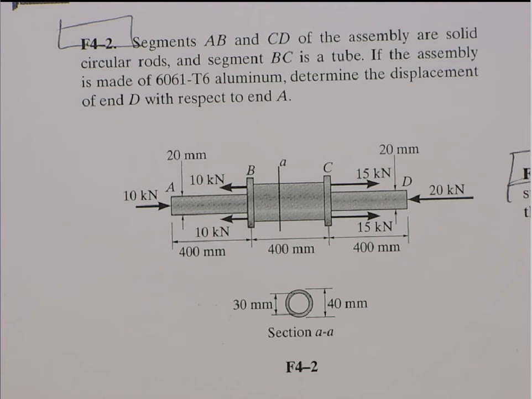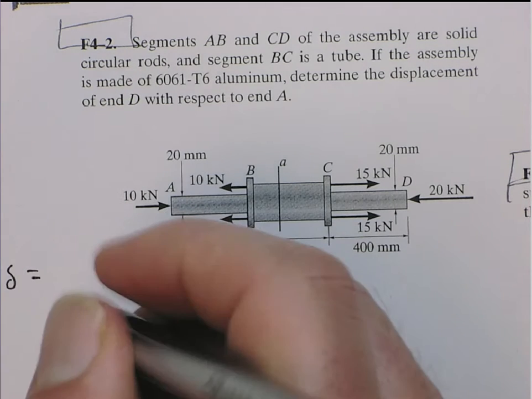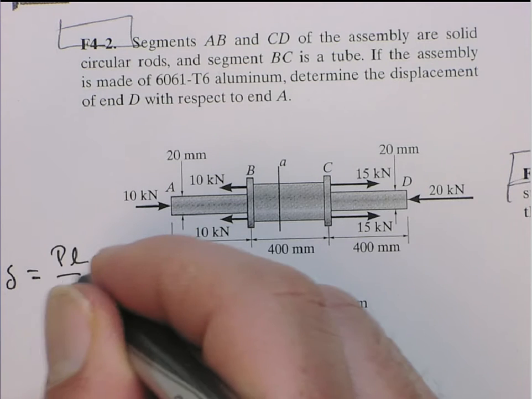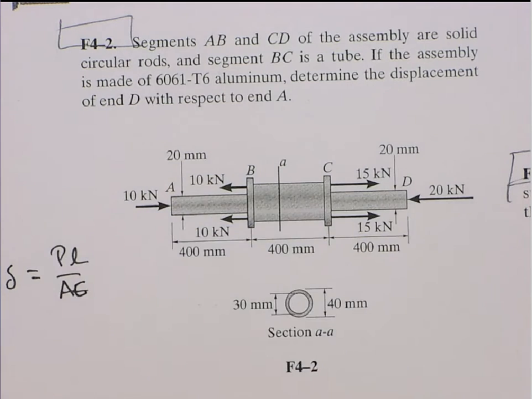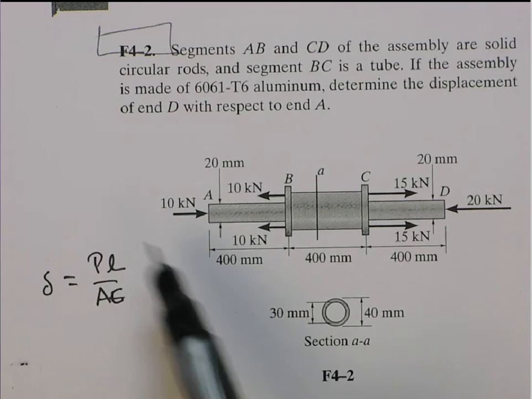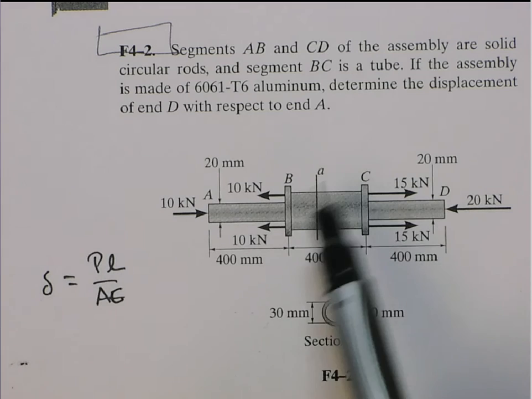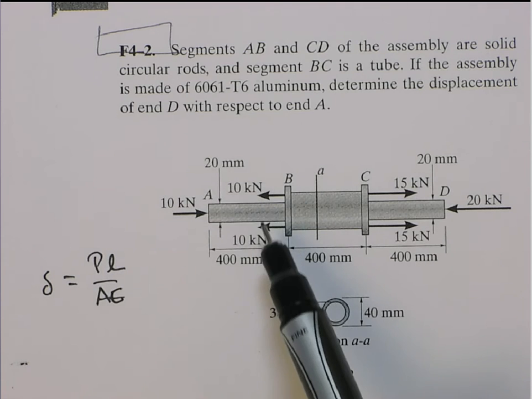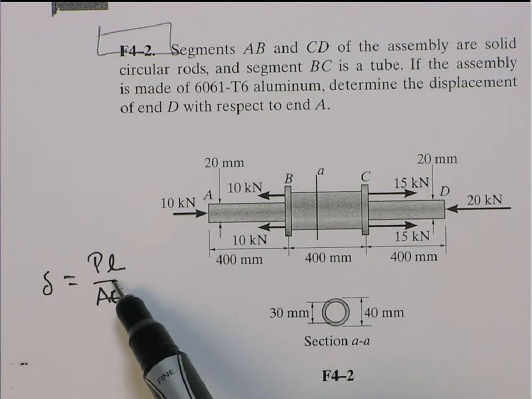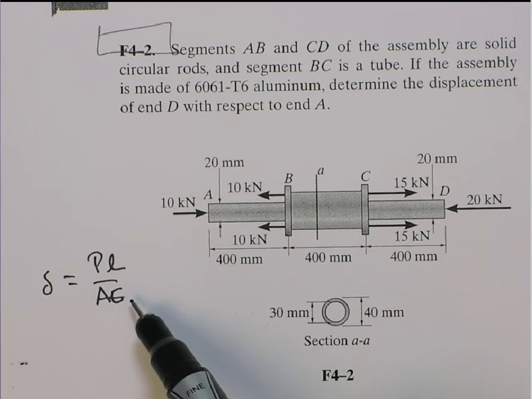That equation, delta equals PL over AE, remember, only works when the internal reaction normal force is constant through the element, and then the A and the E are also constant through the element.